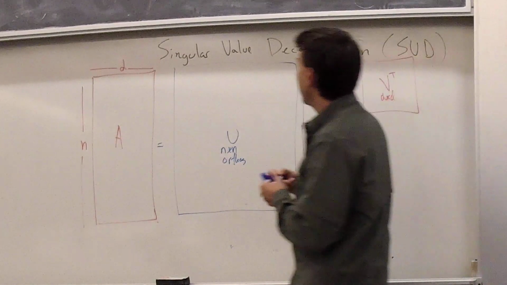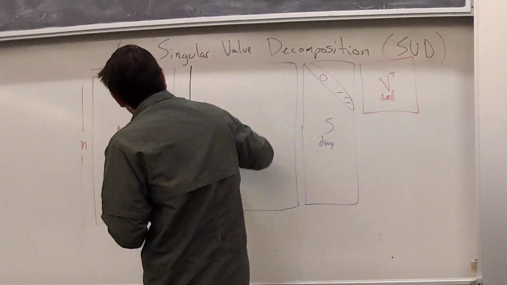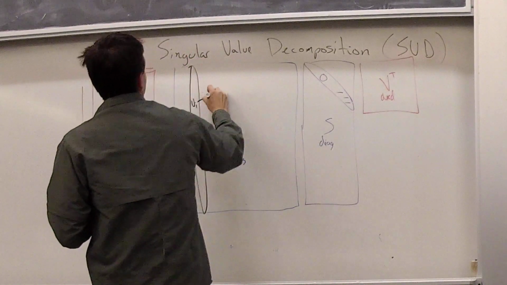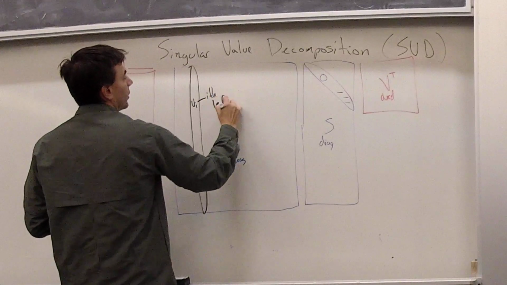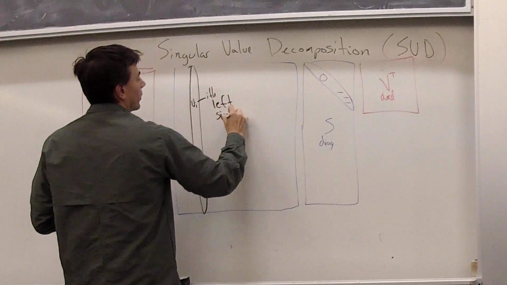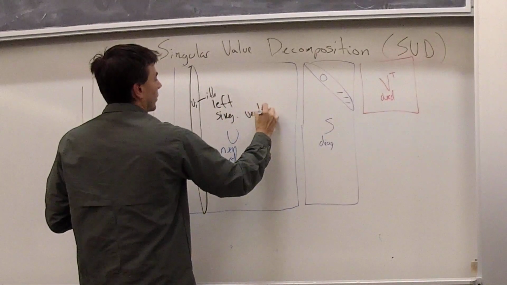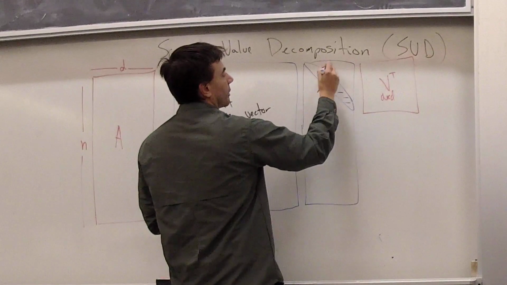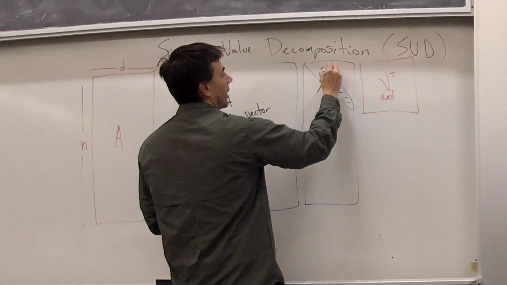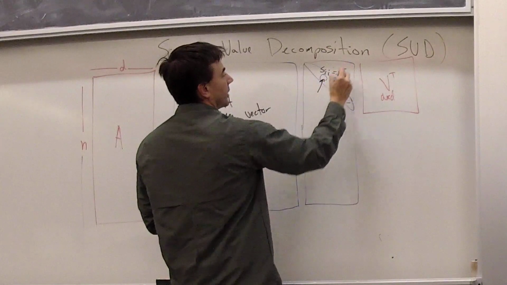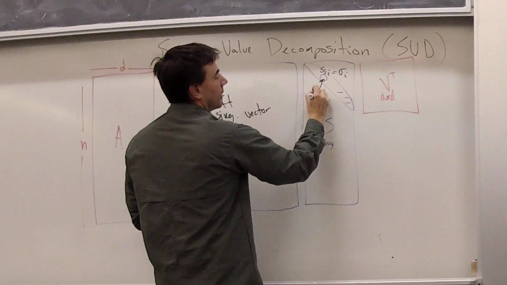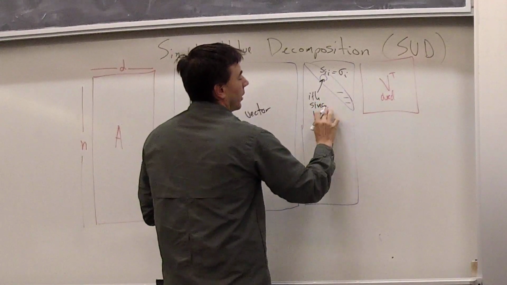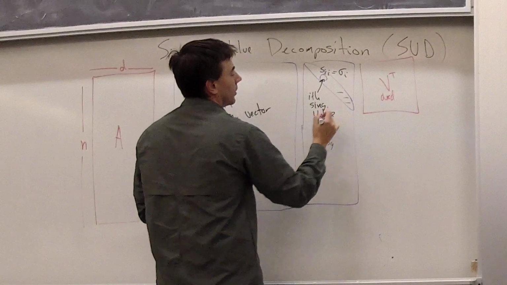And then to review, a column of U, call this u_i. This would be the ith left singular vector. This guy here, we'll either call it s_ii, or maybe just sigma_i, is going to be the ith singular value.